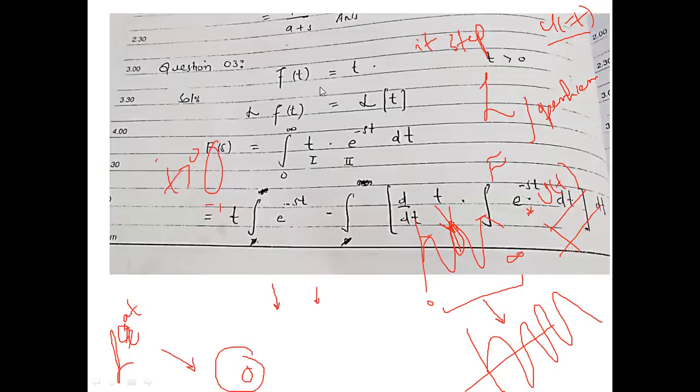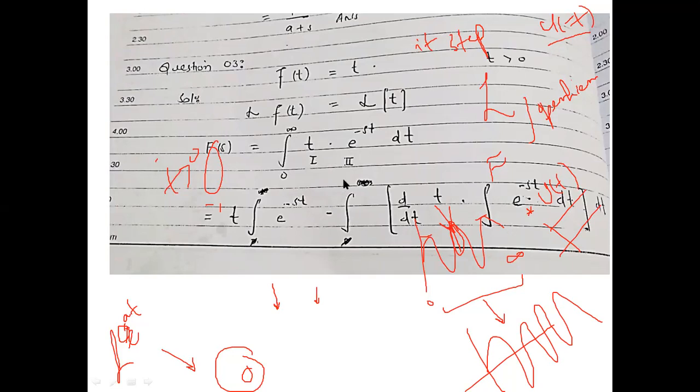Now, if we have t, the ramp function, for example Laplace of t according to the definition, and t is greater than 0. We are only considering t greater than 0, the unilateral case from 0 to infinity, of t times e to the power minus st. As we have the product, we have to apply integration by parts: first into integration of second, minus the integral of the differential of first times integration of second.